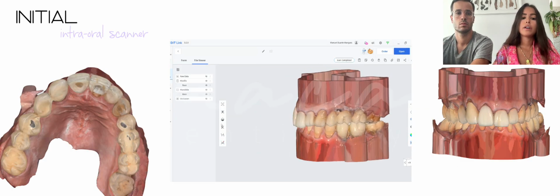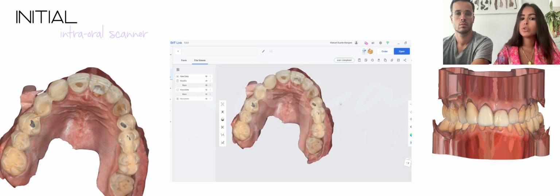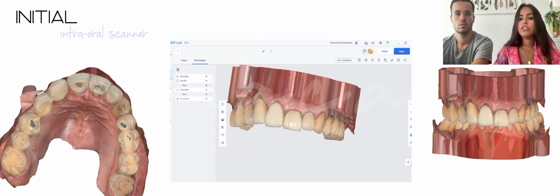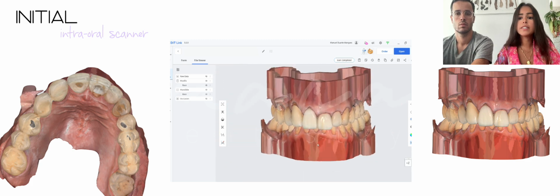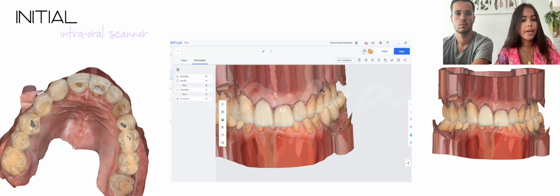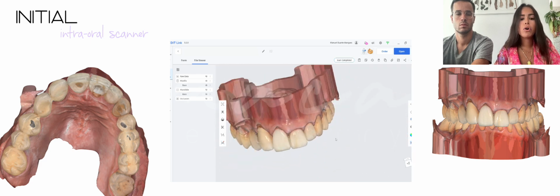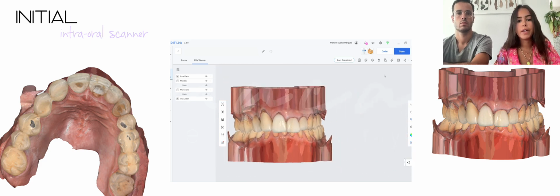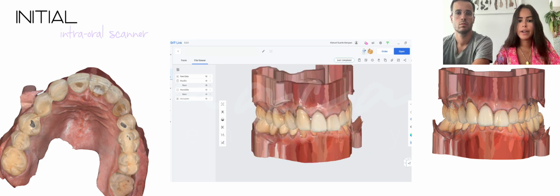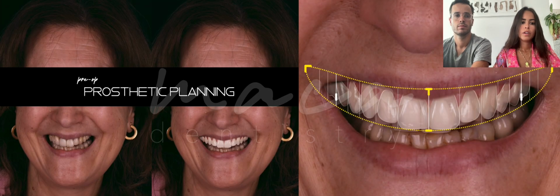So in order to start our case, as you have seen also for the other cases, we do an initial intraoral scan. This scan will aid in the 2D planning, 3D planning, mock-up design, guided surgery planning, and also provisional design. Here you can see the 2D smile simulation I did, basically by correcting tooth proportions and dimensions and also the position of the midline.